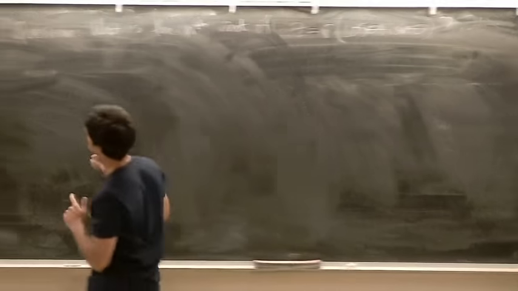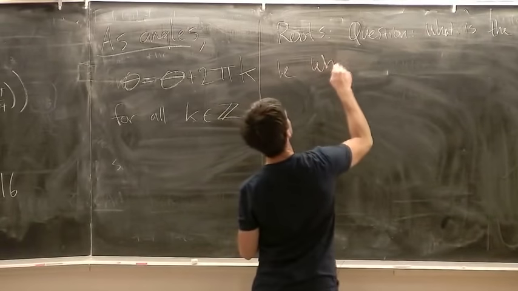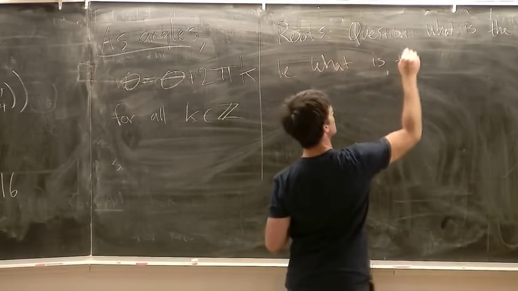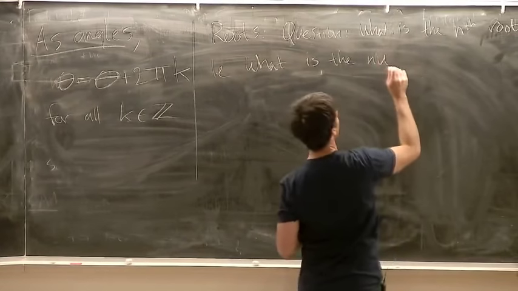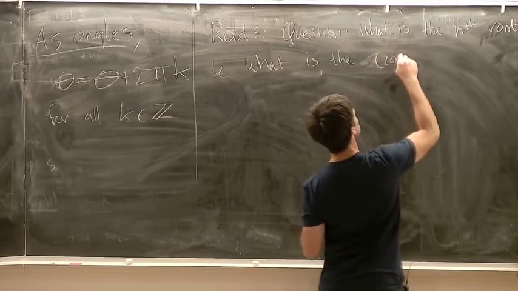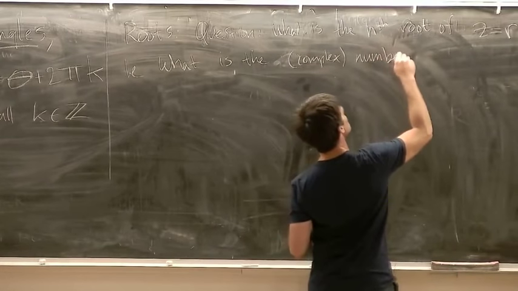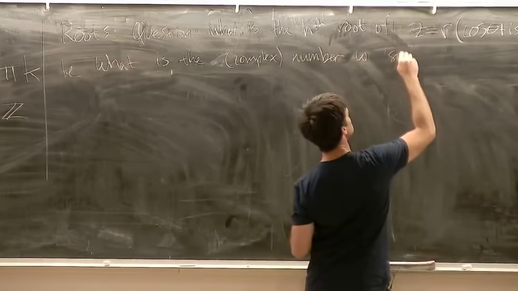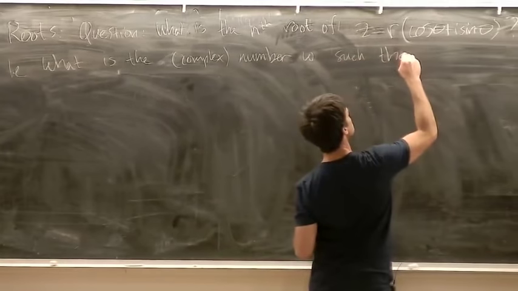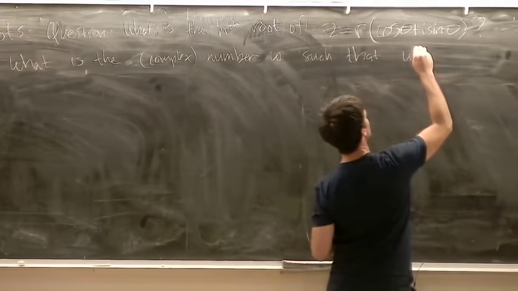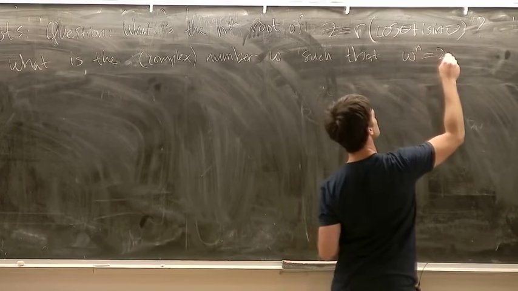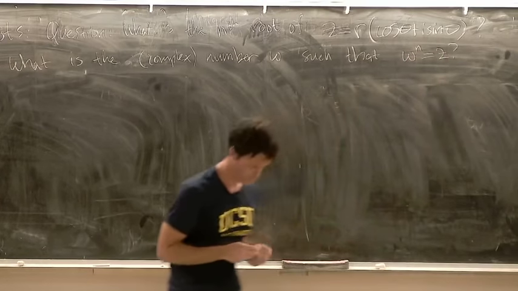In other words, what is the complex number w such that w to the n is equal to z?